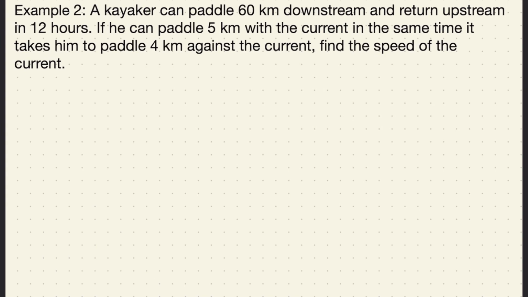Okay. So let's identify and define first your variables. Let's start with the kayaker's paddling speed in the water, let's say V. This is the paddling speed in still water, so this is basically the speed without any influence of the current.